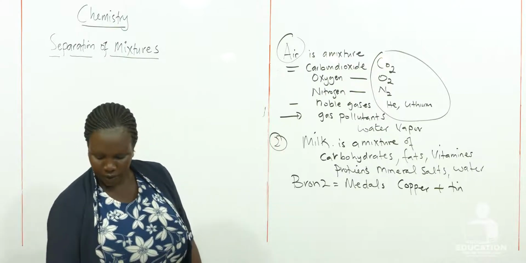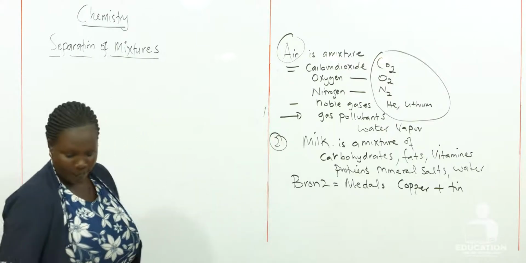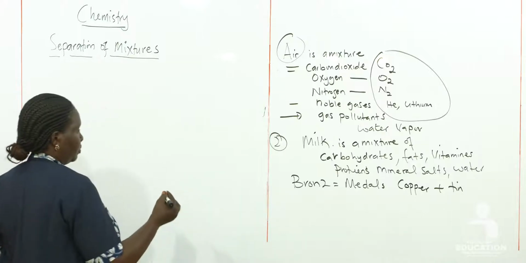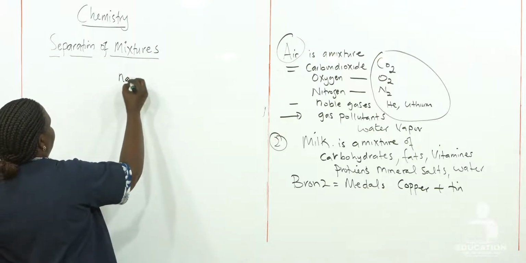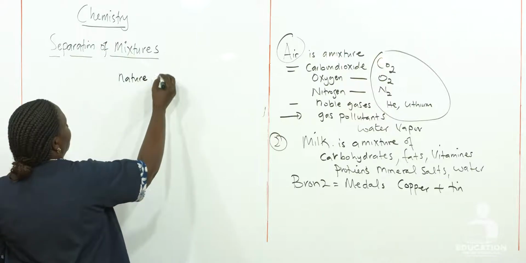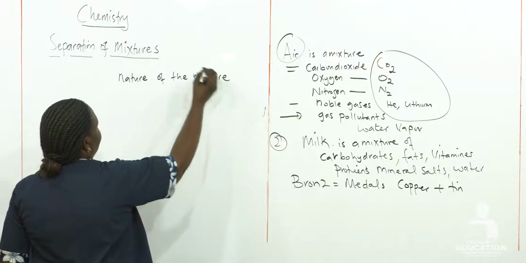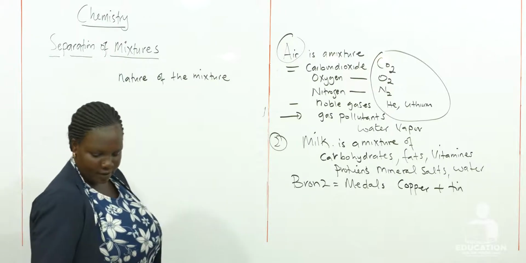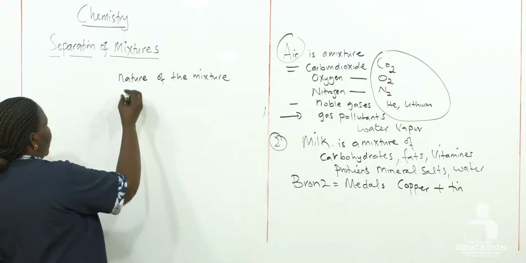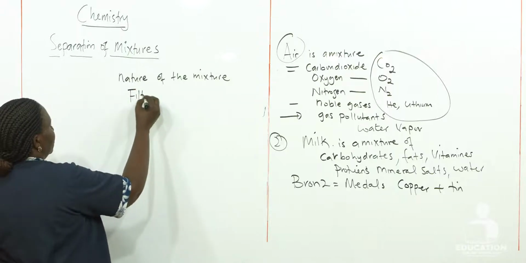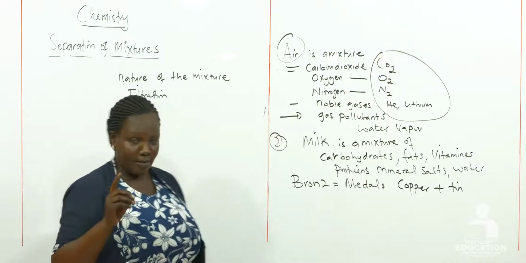Then the method that is used for separating mixtures depends on the nature of the mixture. For example, first, we have different processes of separating mixtures. Like, for example, we have filtration. This is one process of separating a mixture.